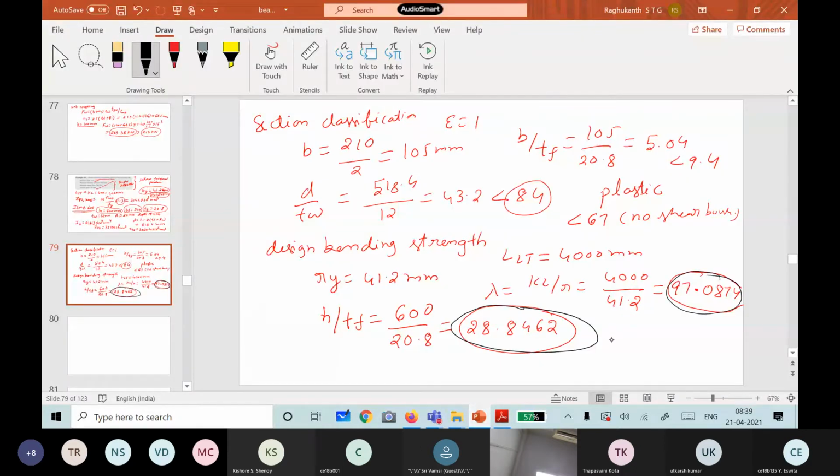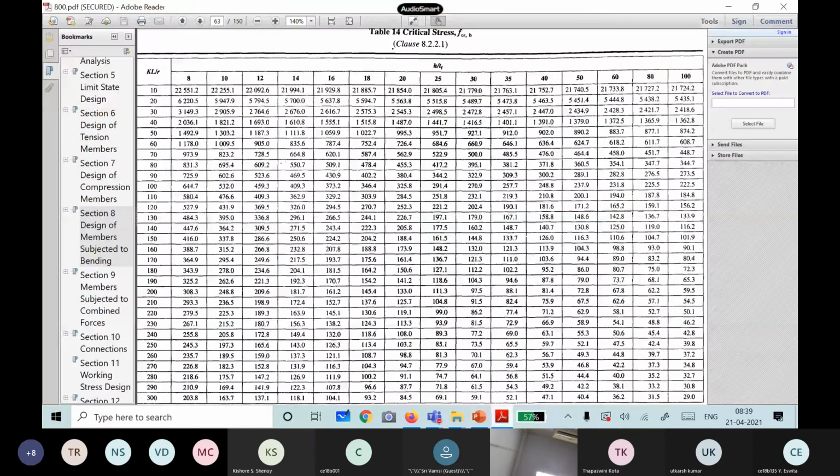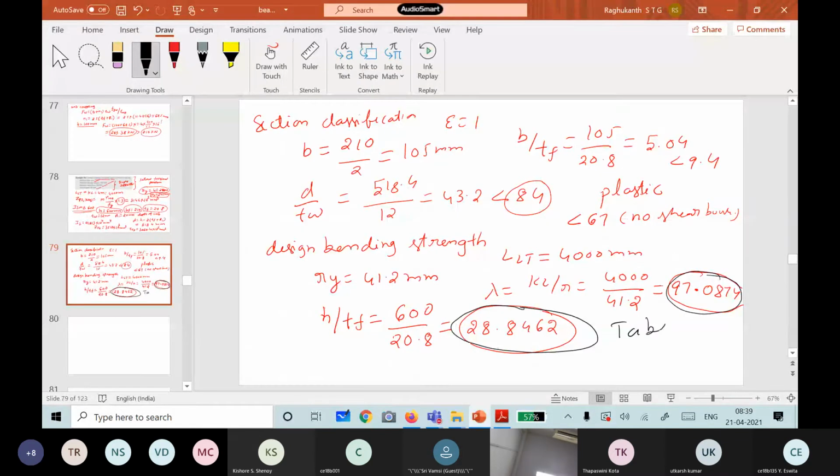Okay. So from Table 14 given in the code, I will get FCRB approximately some 270 or whatever. But of course, if you want the exact value, you have to interpolate. 270 is the lowest, so it will be slightly 280, 290, something like that. Okay, so this is my FCRB.